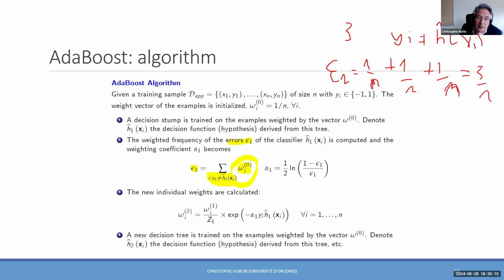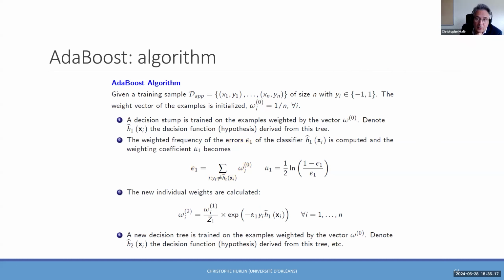Then we can define what we call the weighting coefficient. The formula for the weighting coefficient is the following. Alpha 1 is 1 divided by 2 times the logarithm of (1 minus epsilon 1) divided by epsilon 1. This gives you a value. And this value is applied to this formula to determine the weight for all the individuals, all the participants have a new weight.